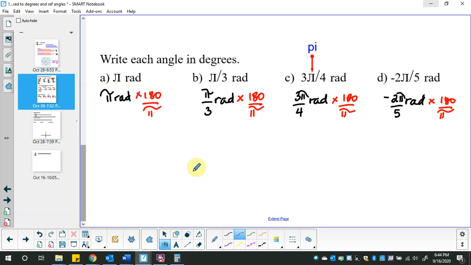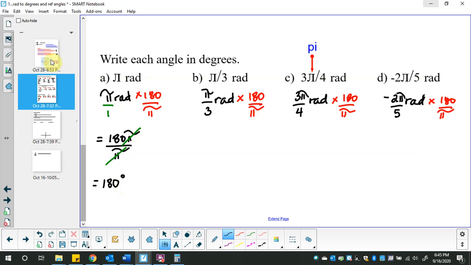I'm going to do the first one in a safe way, meaning I'm going to put the 1 down and then multiply across the top and across the bottom. What happens is that you have a pi on each level, so they cancel each other out because it's all multiplying and dividing, and you get left with 180 degrees. Given in radians, answer in degrees. But you should have already known this.